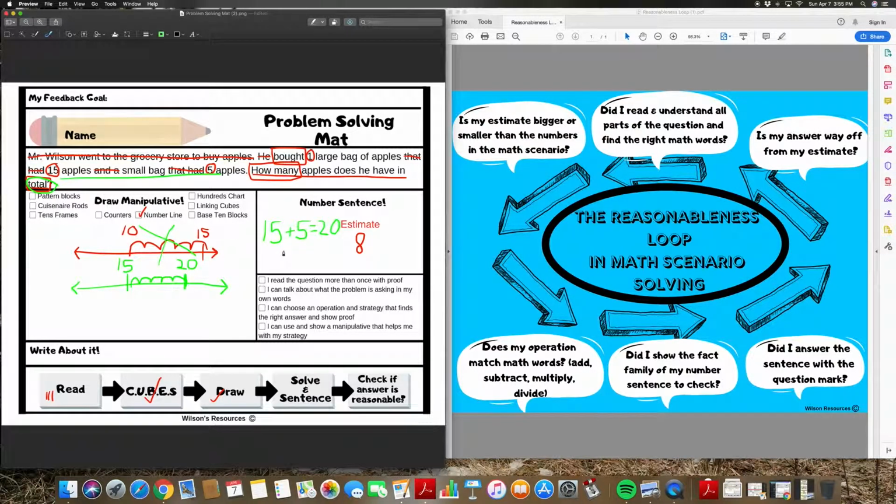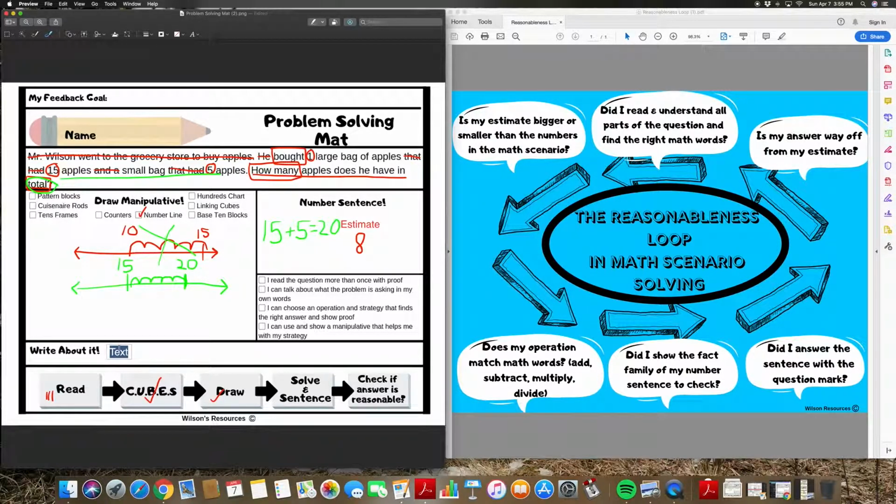Then we go, did I answer this sentence with the question mark? Well, it says, how many apples does he have in total? So now we can write in the write about it section what he really has. So let's move this down here into our write about it section, which I will add. The last couple times we've done this in class, people are remembering to write their word sentence to prove what they did.